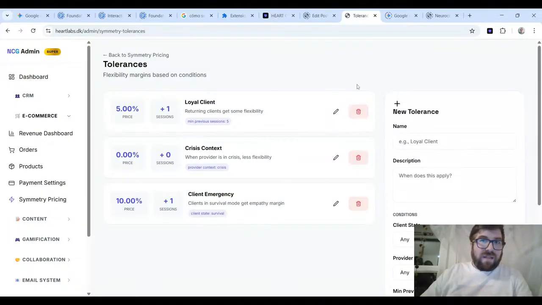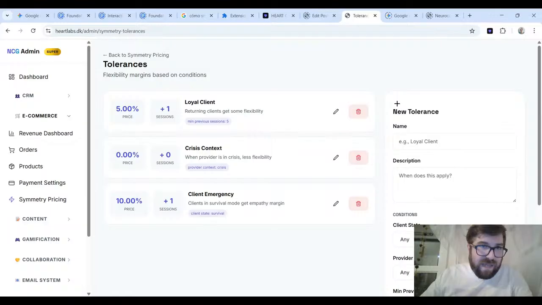They put in the budget they have, and say how many sessions or items of the service they need. Maybe they say I need 4 and I have this amount of money, but then the calculator says you have enough for 3, not for 4.